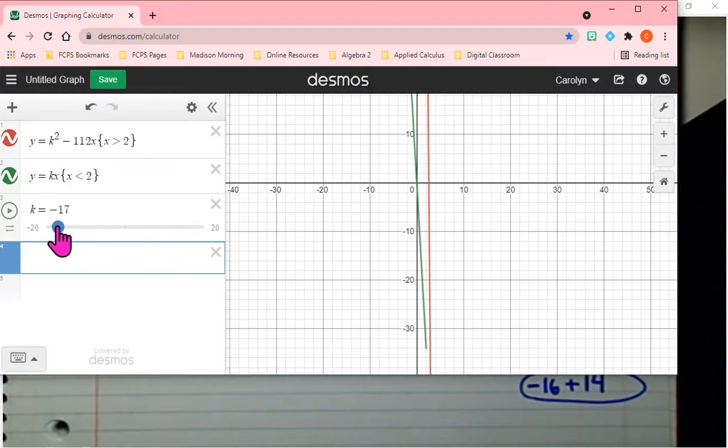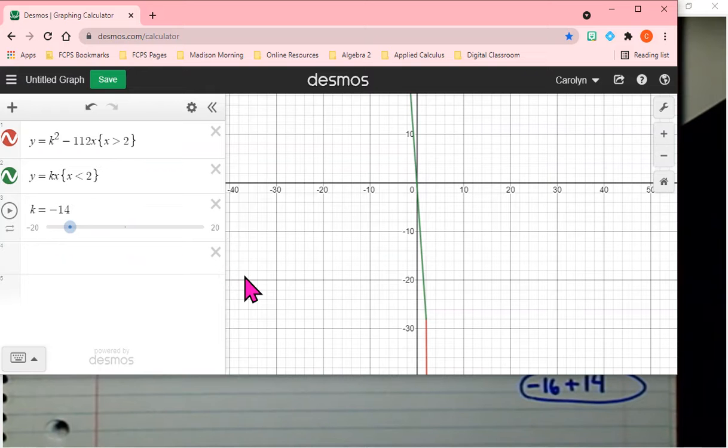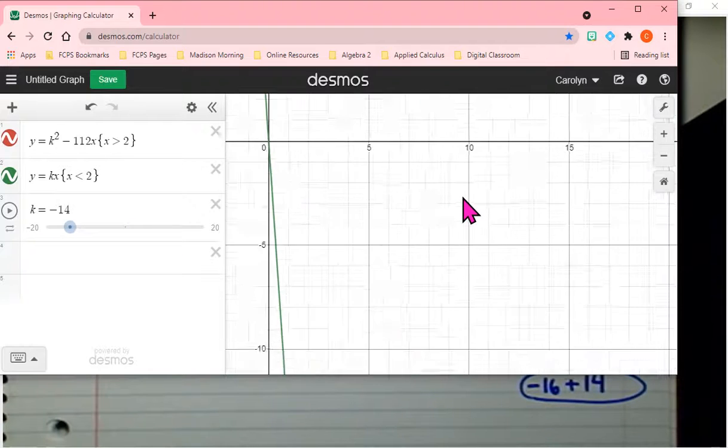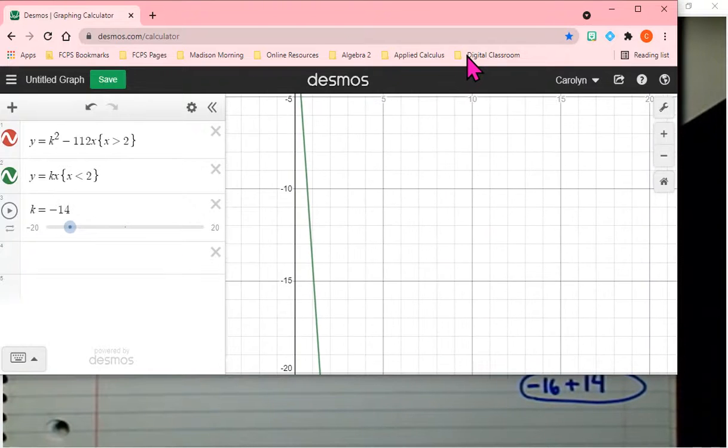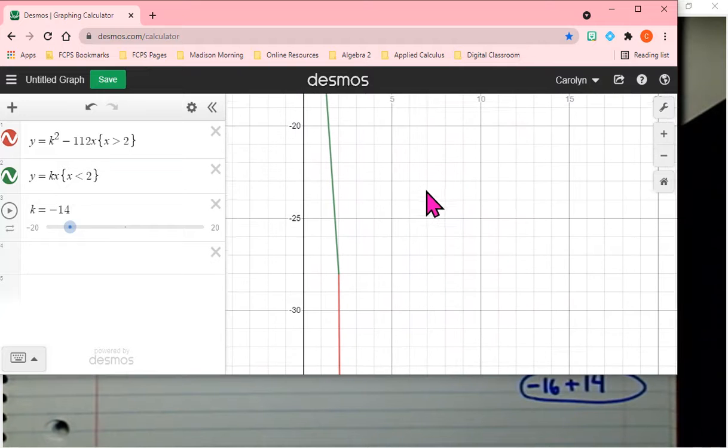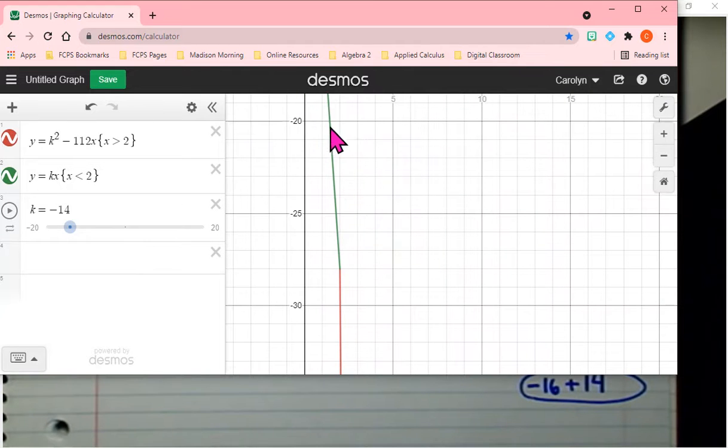As I move the k... Oh, whoops. Nope, not tangent. Continuity. Notice that as I move those k values, look at that, negative 14, the left side and the right side actually meet in the same place.